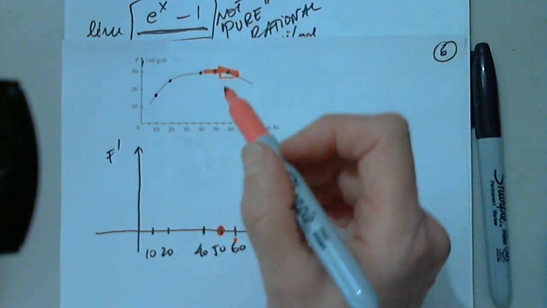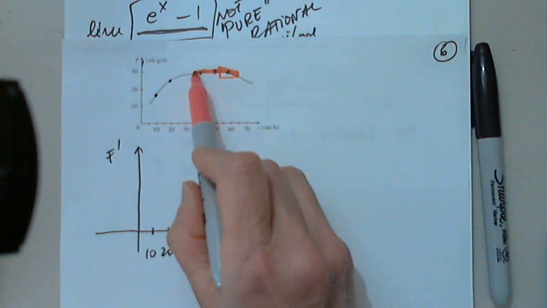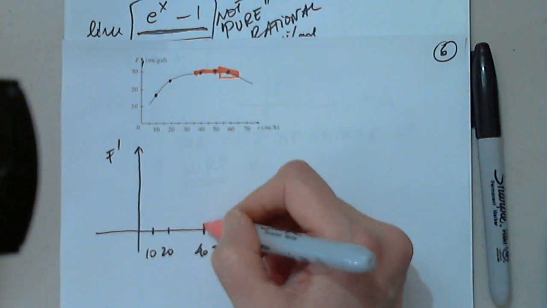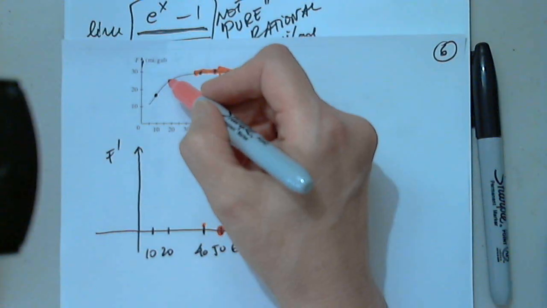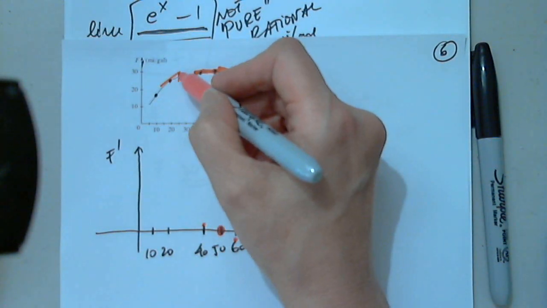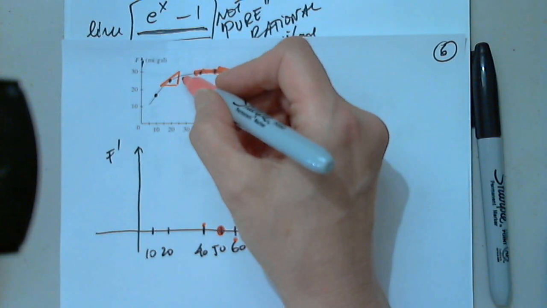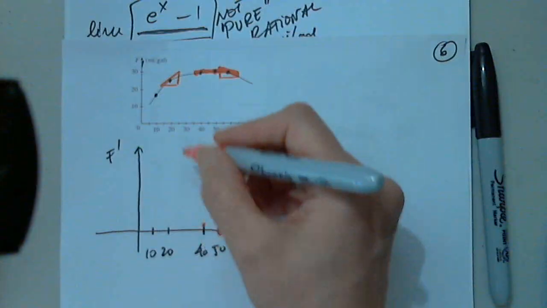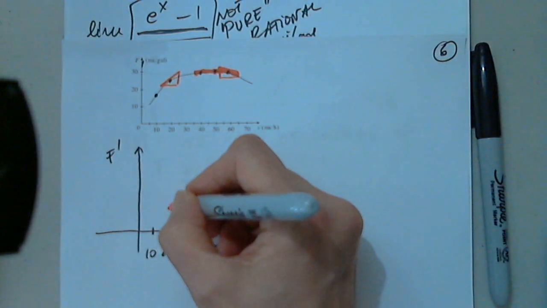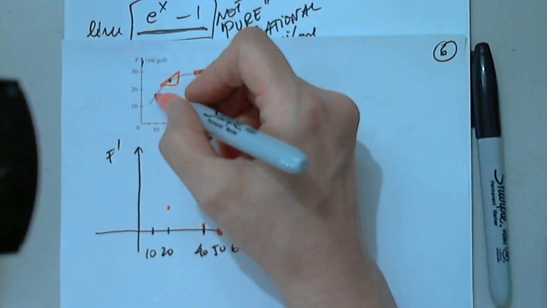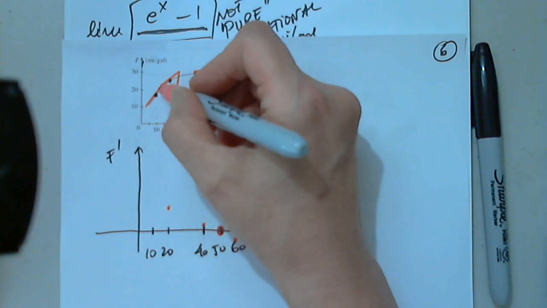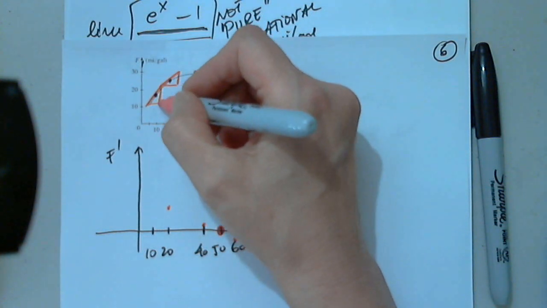For this one, maybe it's just a small positive right here. For this one, it's a bigger positive, so something like, I don't know, 3, maybe. What about here? Much bigger, I don't know, like 4 maybe.